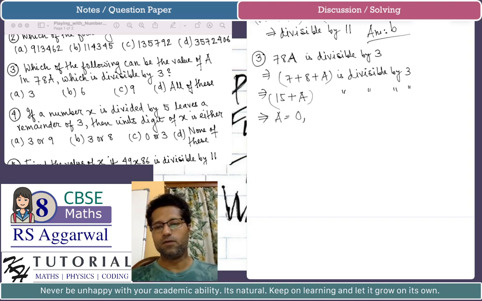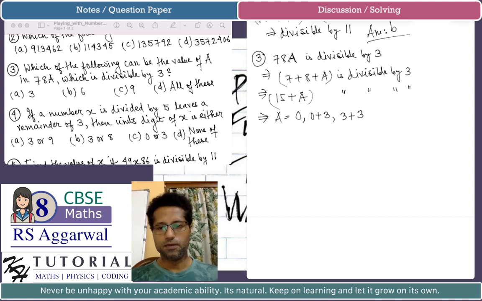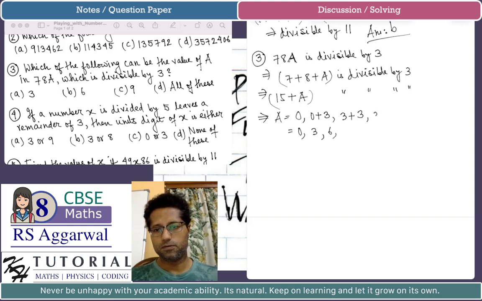And then the value of A can be 0 plus 3, and 3 plus 3. Since A is a digit, these are the only possible values of A. We can also have 3 plus 3 plus 3, so 9.